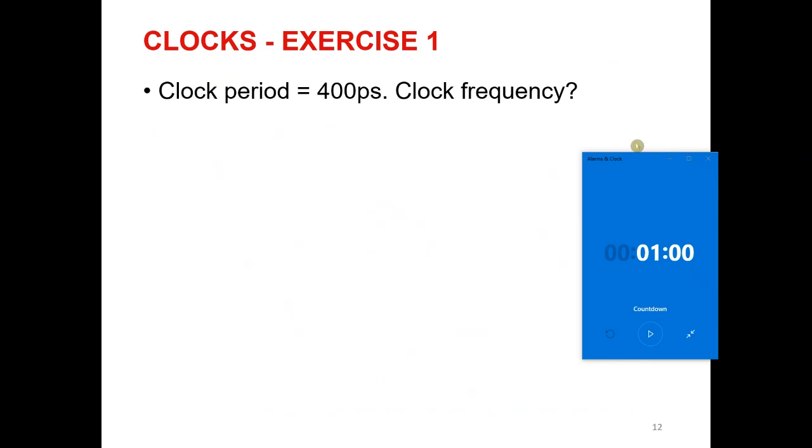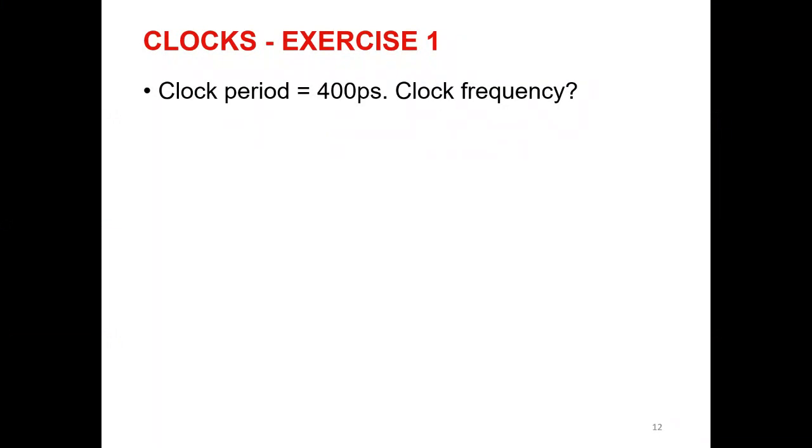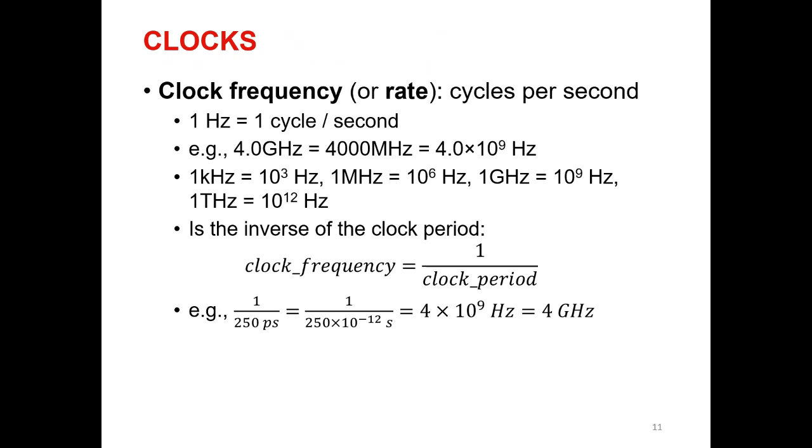Okay, the link is in the Q&A, so I give you 1 minute. The question is also in the Q&A, I think it will be more useful for you having it there. So imagine now that the clock period is 400 picoseconds. What I want to know is the clock frequency.